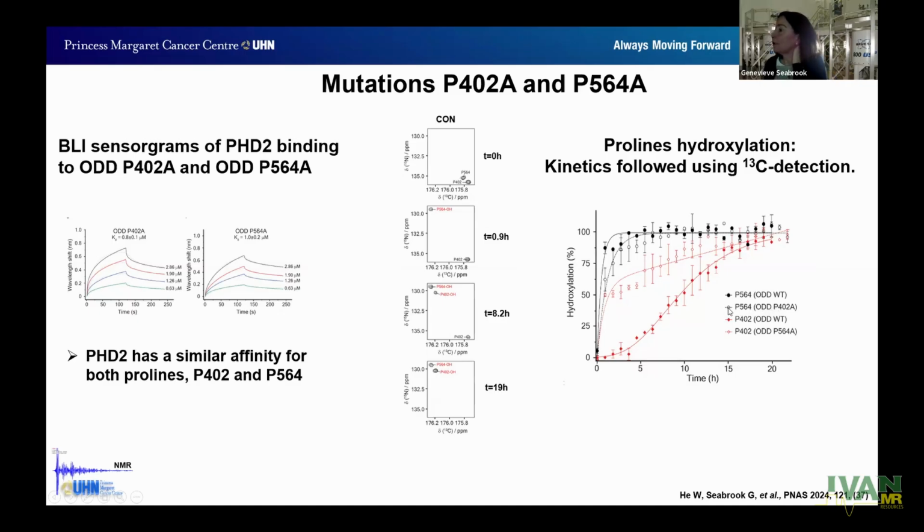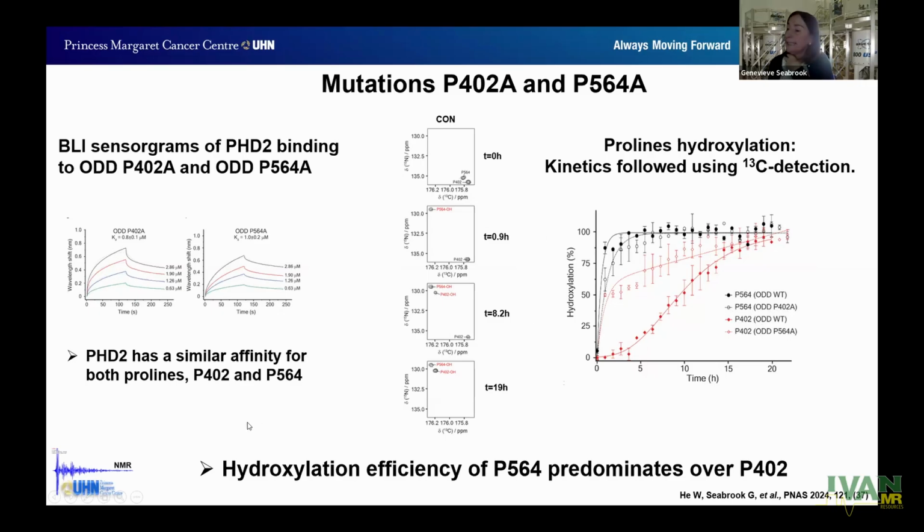In the open circle, we mutated proline 402, and you can see that the rate of hydroxylation for 564 decreased a tiny bit, not so much. Now, if you mutate the second proline, 564, to an alanine, it definitely does affect the hydroxylation rate of the first proline, 402. With this data in hand, we could tell that the hydroxylation efficiency of P564 definitely predominates over 402.